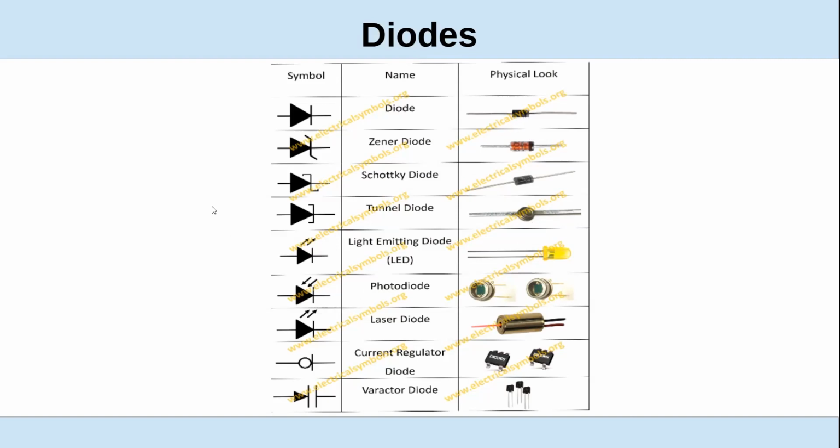We have a Zener diode, which is another exam question. They discovered that if you reverse the polarity on a diode, it won't conduct up till a point where you get a breakdown voltage.